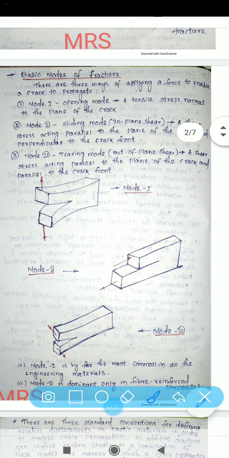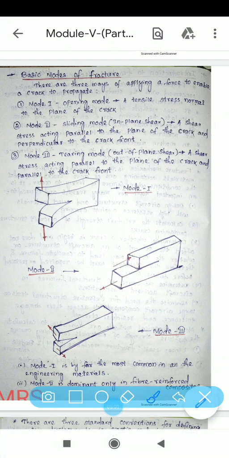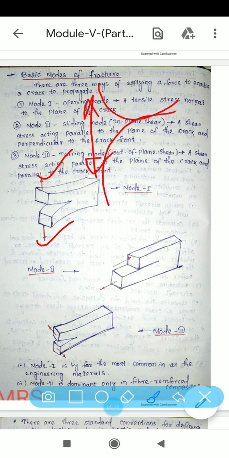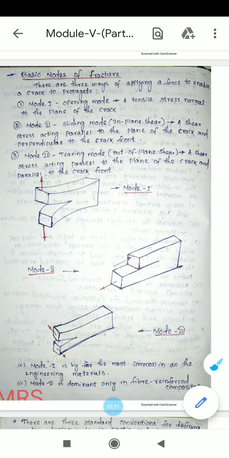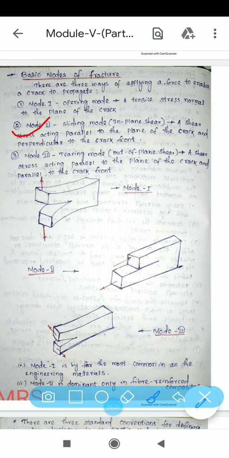In mode 1, or opening mode, a tensile stress acts normal to the plane of the crack. So this is your tensile stress acting on the plane of the crack. Whenever a tensile load acts, the crack will take place in this direction. But in mode 2, or sliding mode, also called in-plane shear, a shear stress acts parallel to the plane of the crack.